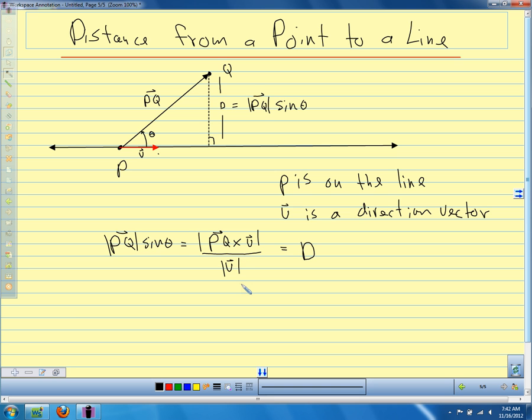To find the distance between a point and a line, we pick a point on our line, form the vector from P to the point that we're interested in, take the cross product of that vector with our direction vector, and divide by the length of the direction vector. And that gives us our distance. So when we're finding the distance between a point and a line, we're using the cross product. Does that make sense?